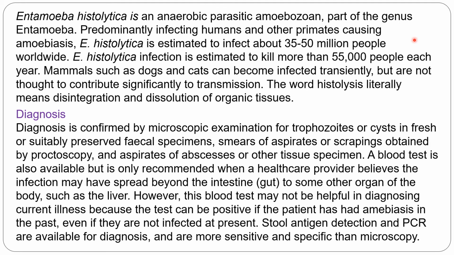Mammals such as dogs and cats can become infected transiently but are not thought to contribute significantly to transmission. The word histolysis literally means disintegration and dissolution of organic tissues.